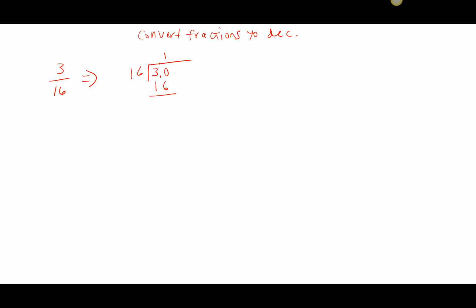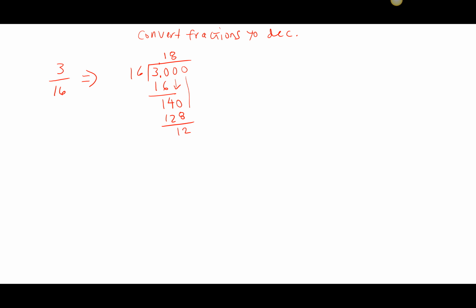We do our math here. We get 14. 16 won't go into 14, so we're going to add another 0 and bring it down. So now 16 will go into 140 8 times. 8 times 16 is 128. Again, we're going to do our math, and we're going to have 12 left.